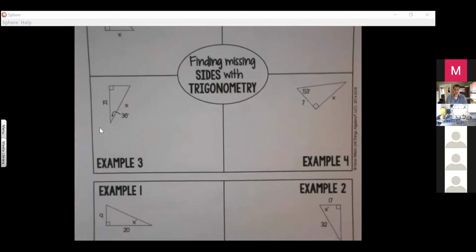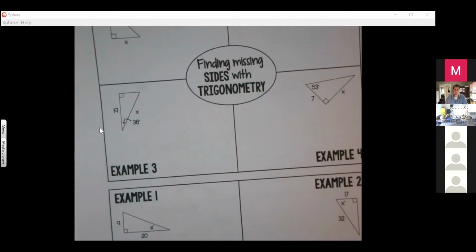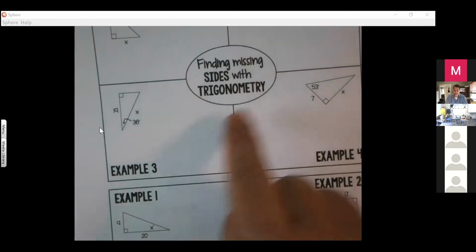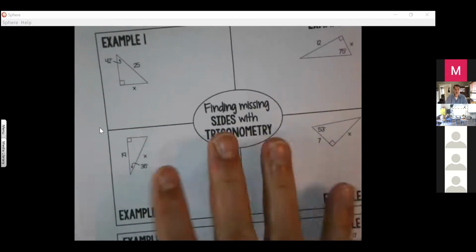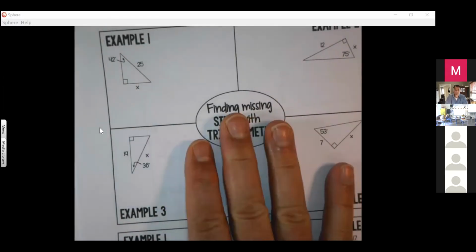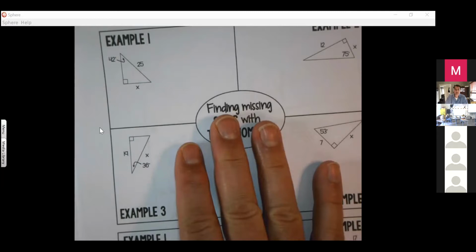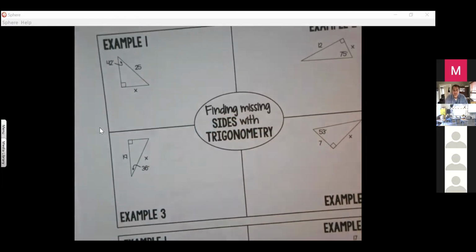And then this page is just 4 clean examples of each type, finding sides and finding angles. When you do this one, do it very carefully, show it very neatly, and these would be a great thing to have as your primary notes for this unit, so that when you're doing problems on the test, you can look at these as examples, and these will probably help you remember them.